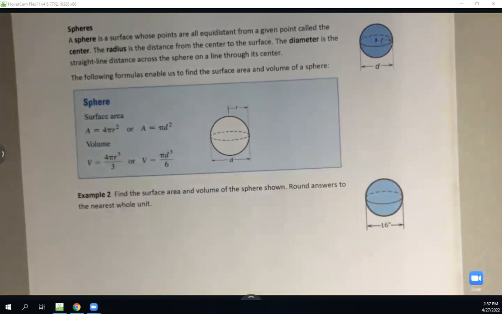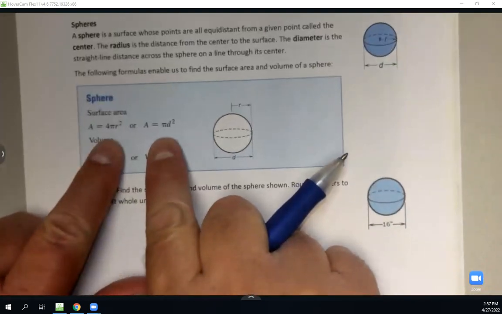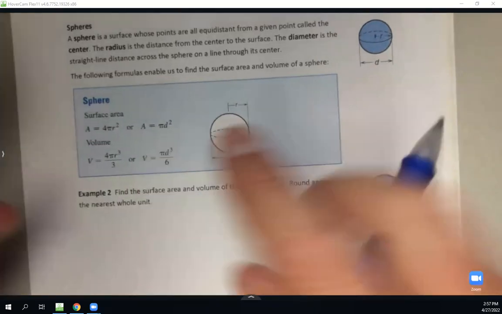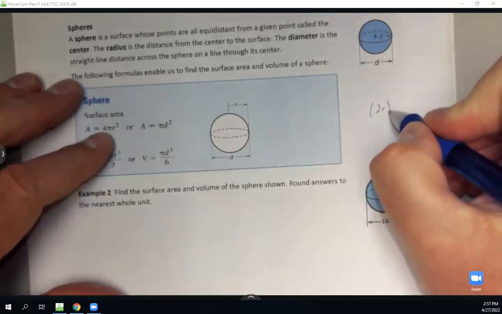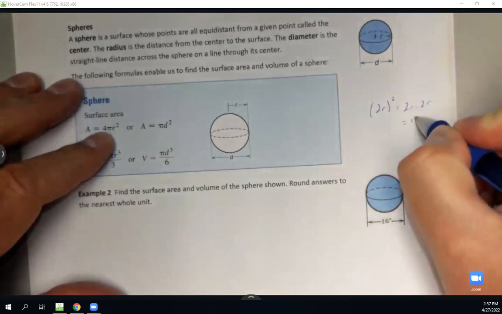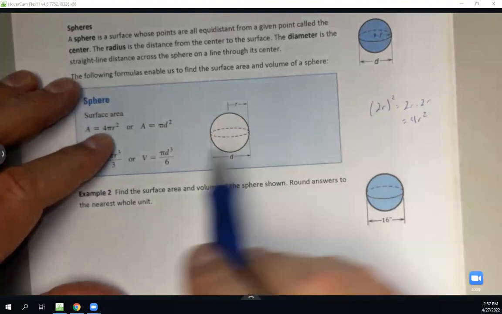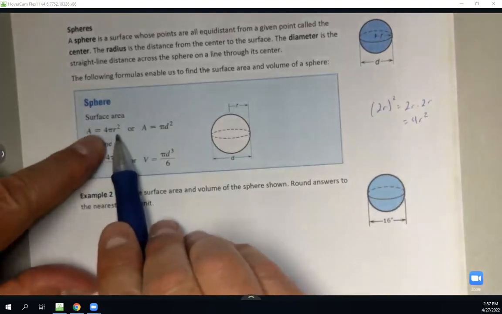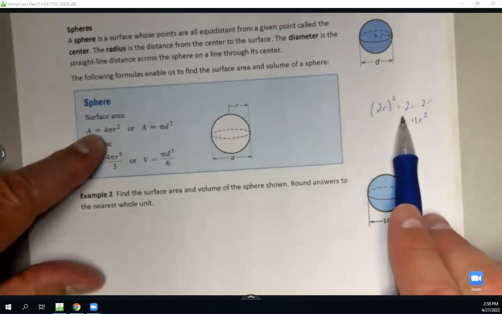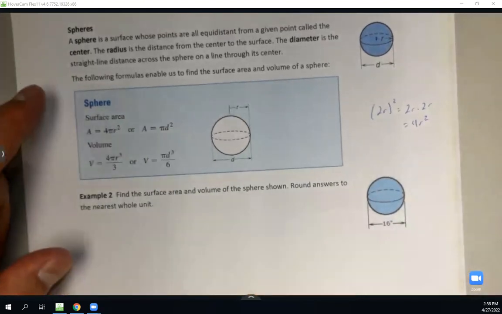So 4 pi r squared or just pi times the diameter squared. Do you see the relationship between those two? If the diameter is equal to 2 radiuses, if I take 2 radiuses and square it, that's going to be 2r times 2r, which is 4r squared. So the 4 is coming from 2 radiuses equal the diameter.